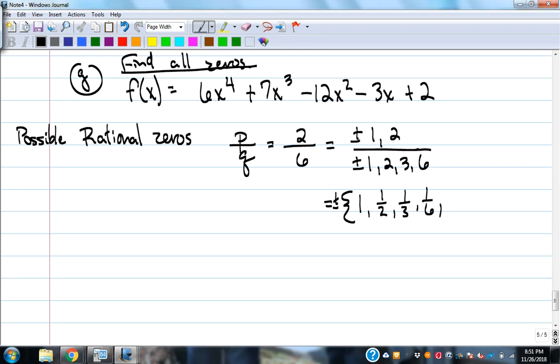Then I take the next factor, 2. 2 divided by 1 is 2. 2 divided by 2 is 1. I've already got that listed, so I don't write it again. 2 divided by 3 is 2/3. I don't have that one listed yet. 2 divided by 6, what's that? 1/3. Have I already got 1/3 listed? Yes, I don't write it again.